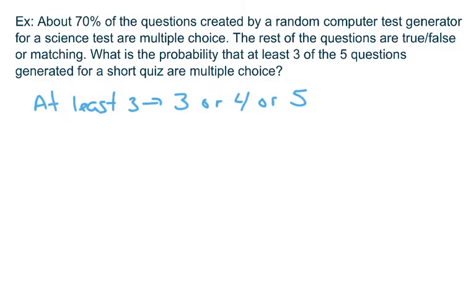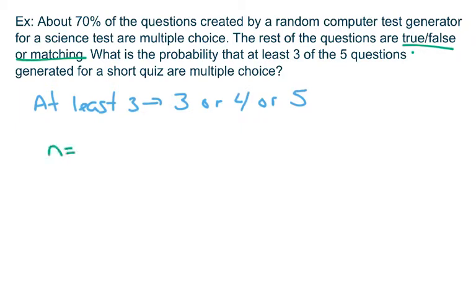And if we look at this, we've got multiple choice, true, false, or matching. I would argue that we could make this into 2 separate possible outcomes. We can call this multiple choice, and we can call it not multiple choice. So we can make this a binomial experiment if we group true, false, and matching together, because it's not multiple choice. Okay, so we can still do this.